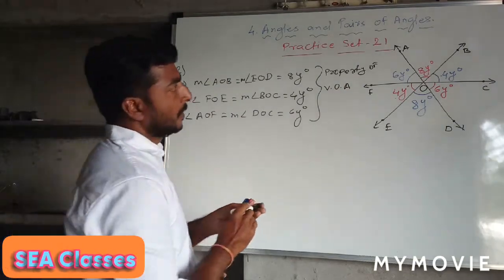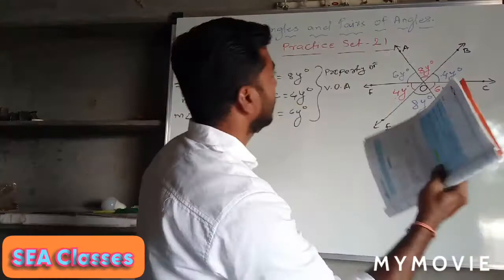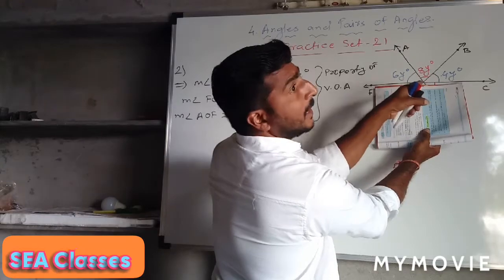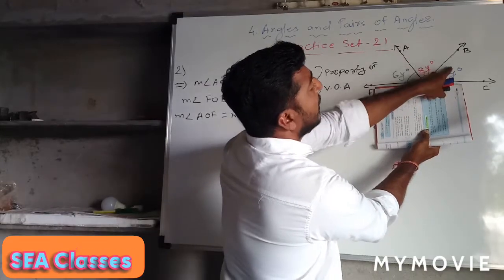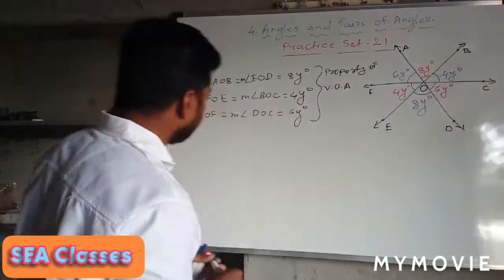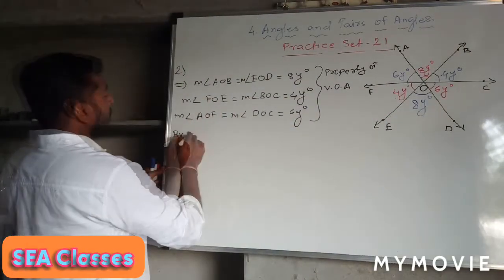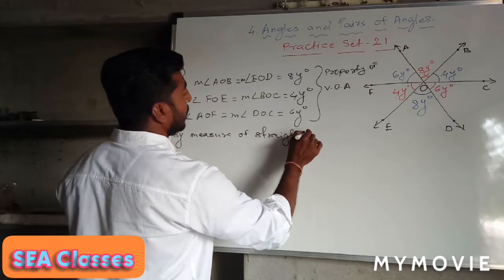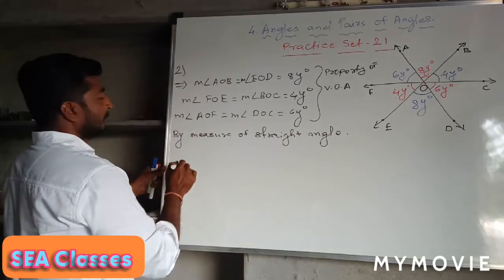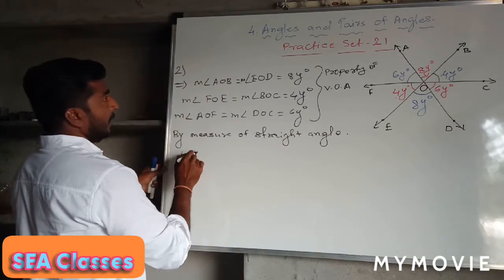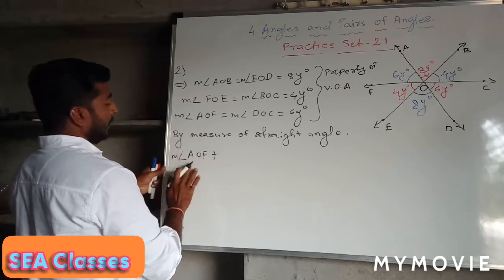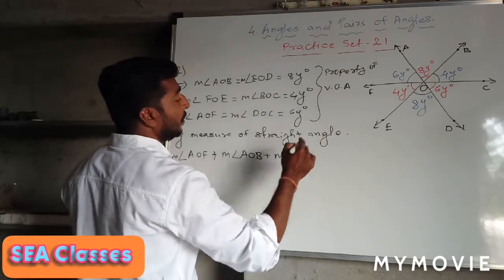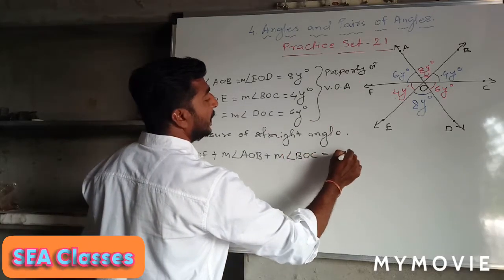Now you know that, see the top side, the three angles are on the straight line, and what is the measure of a straight line? It is 180 degree. That means the sum of these three angles will be equal to 180 degree. So we can say that measure of angle AOF plus measure of angle AOB plus measure of angle BOC is equal to 180 degree.